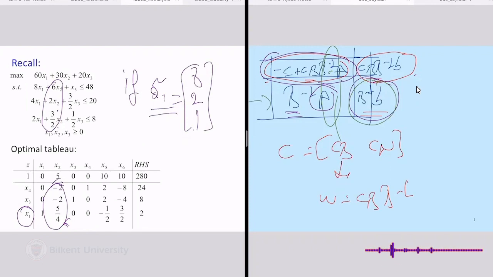I don't think we will be asking you to do this, but we will be asking what happens, analyzing, right? So you have to know if the column of a basic variable changes, everything may change. Complications may occur, and complications include that B inverse may not even exist, or I may lose both primal and dual feasibility at the same time.